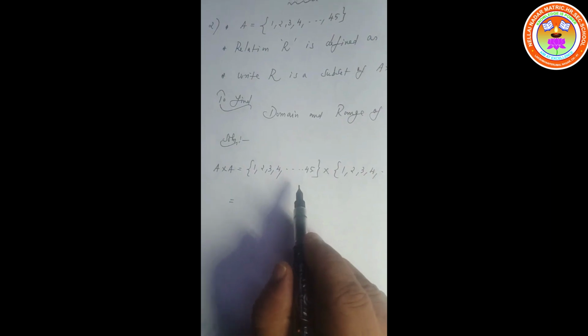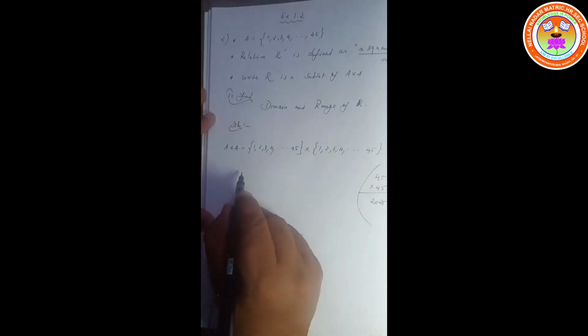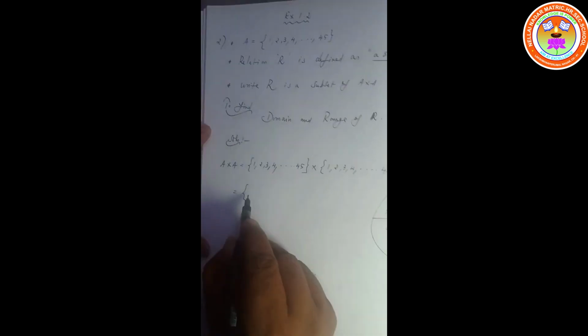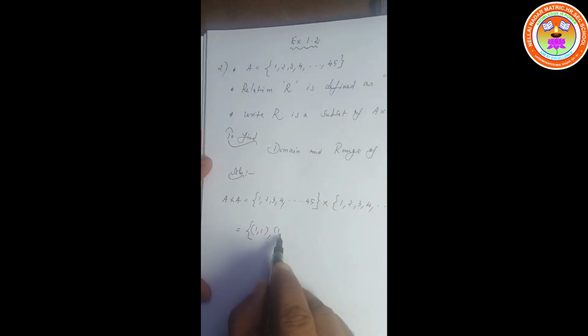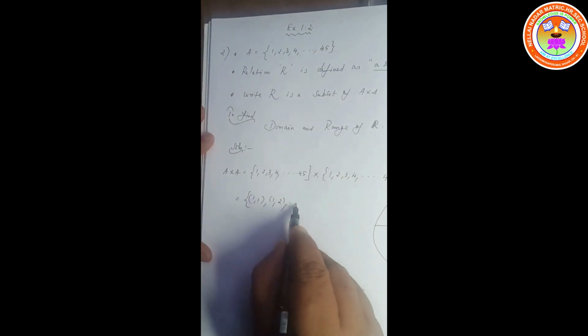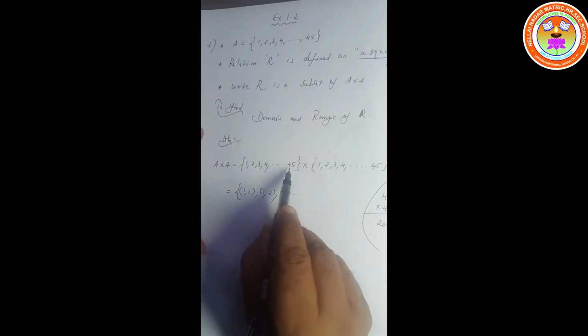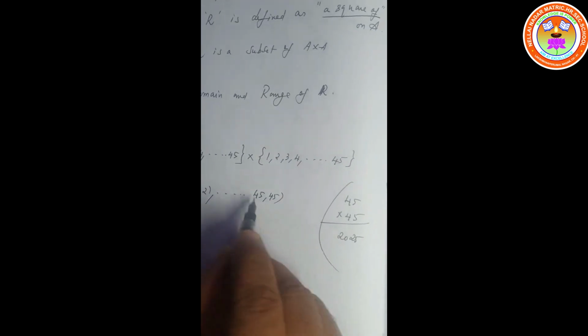Here we have 45 elements, 45 into 45, that is equal to 2025 elements in A cross A. You no need to write everything. You just write (1, 1), (1, 2) and it goes on. The last one is (45, 45). It is enough. No need to write all 2025 elements.